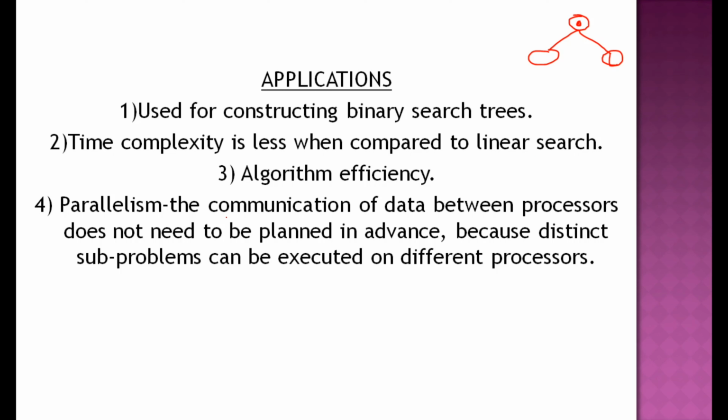In binary search, it will automatically call the process when one process has been called, because distinct subproblems can be executed on different processes, as the program is divided into subparts. These subparts have to be converged and provide the solution for the given question. To find the solution, it automatically calls, and this method is known as parallelism. In binary search, parallelism occurs.